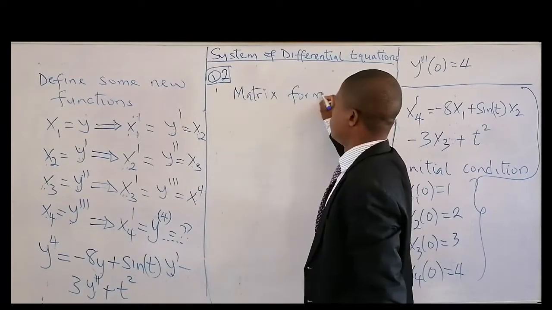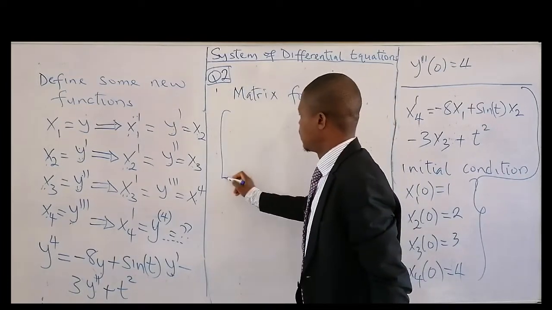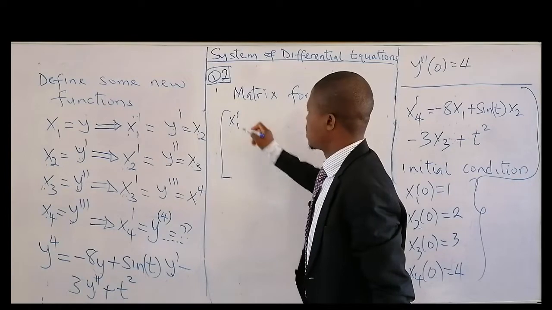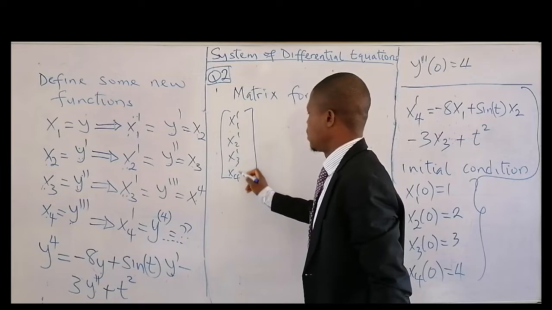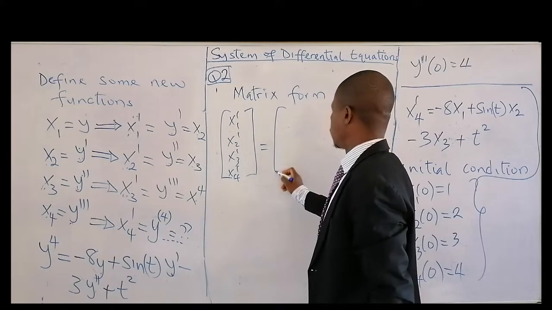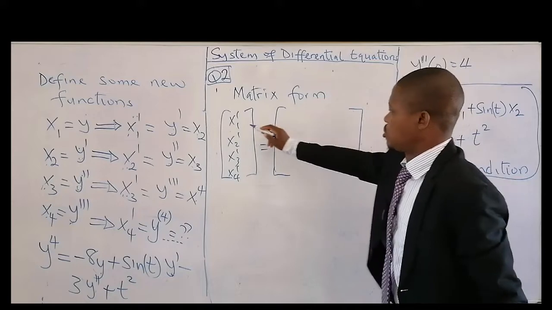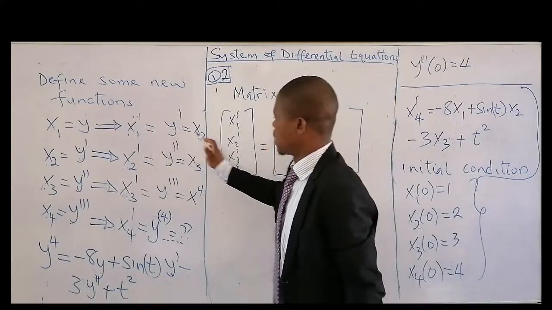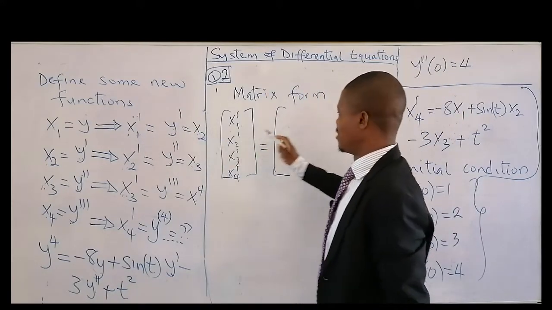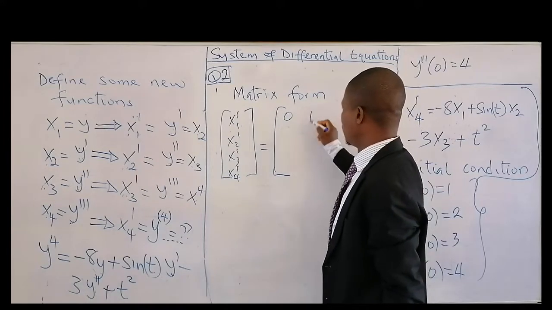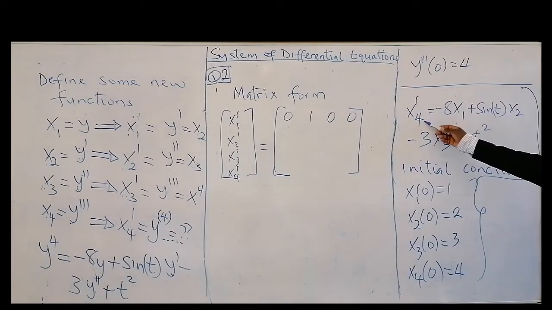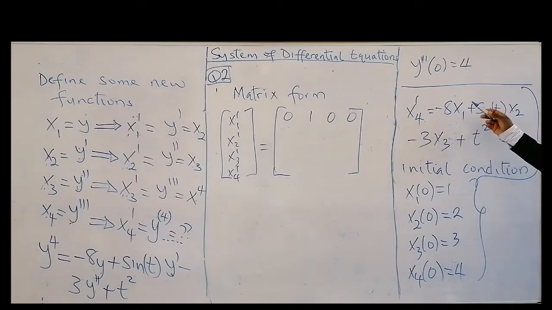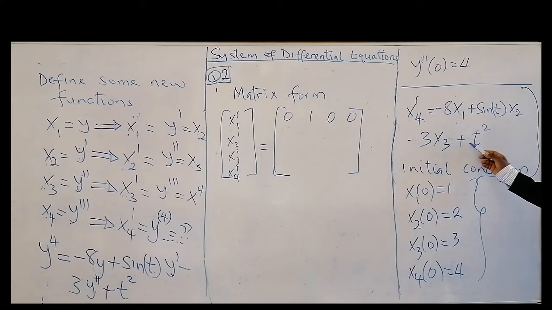In matrix form, we're going to have x1 prime, x2 prime, x3 prime, and x4 prime, and that's equal to, for the first equation, x1 prime, we only have x2. That means it's going to be 0, 1, 0, 0. If you look at your x4, you realize that the equation is in the form of x1, x2, x3, and then x4 here.